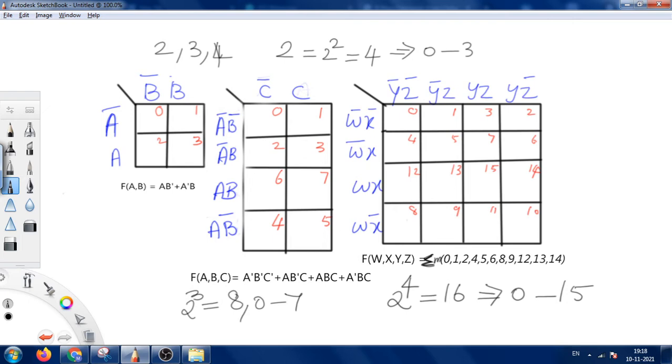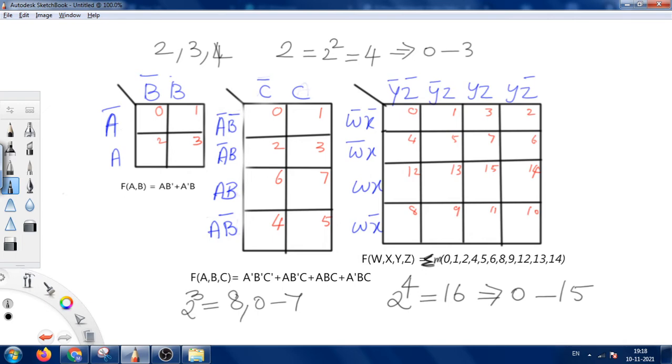Then you have to come 8, 9, 10, 11, 12, 13, 14, 15. So you should remember how to number the cells. This numbering will help you to fill the values from the question. Now this is the way the cells are numbered, and let us see how the maps are named.